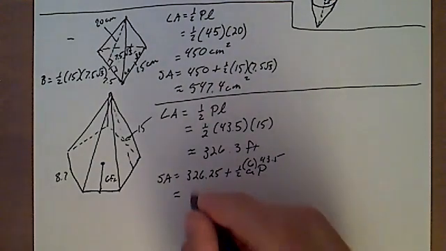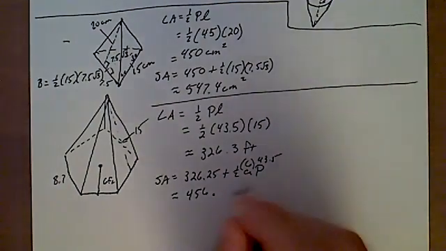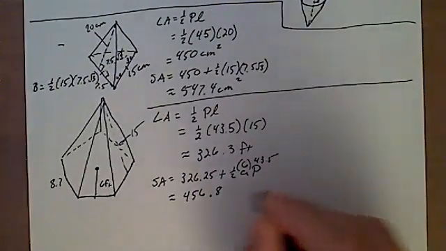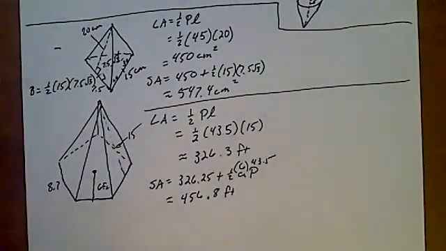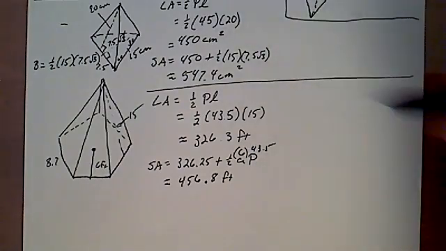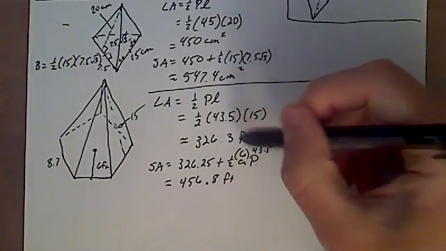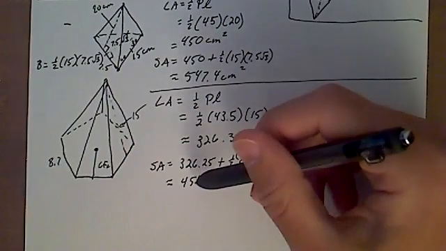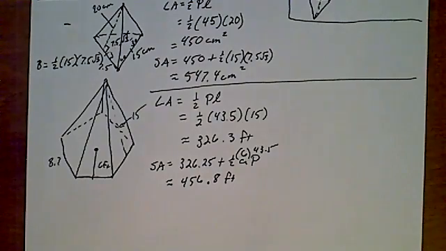And we get about 456.75. We'll round up to 456.8 feet squared. Again, make a note, if in the homework it asks you to round to the 100th, round to the 100th. That would have meant that we didn't round here at all. 326.25 and 456.75 would have been our exact answers.